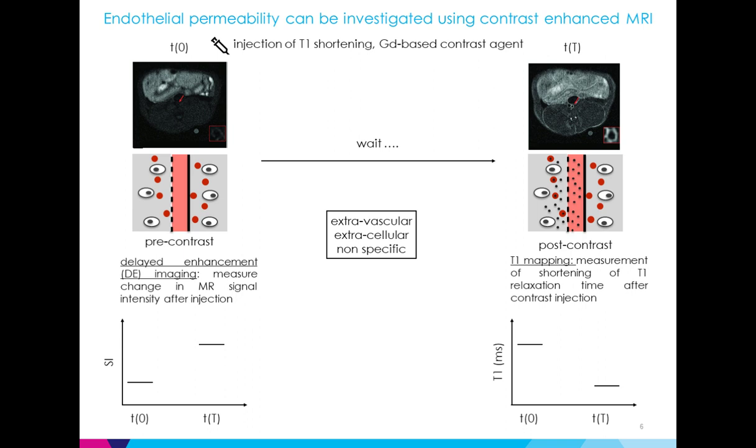You can see here in gray some extravascular extracellular space in a tissue. These white ellipses are actually cells. The red dots are microvessels in the tissue, and the bigger red line in the middle is a feeding vessel of the tissue. You can see that the left side of the tissue is represented with a dashed line.